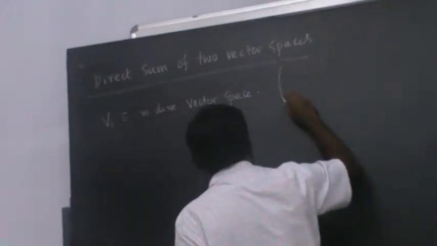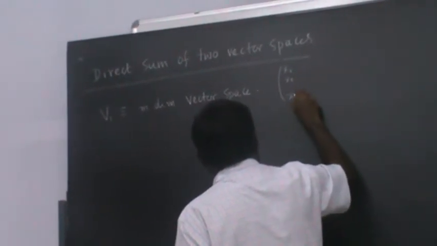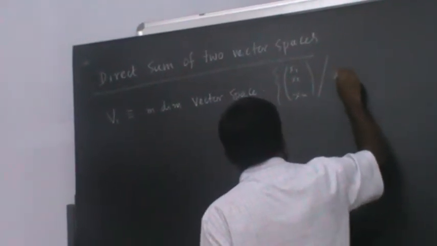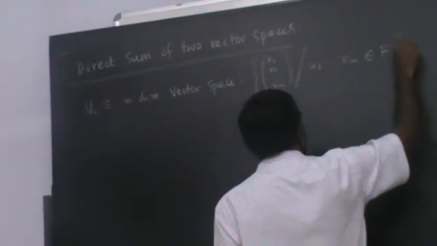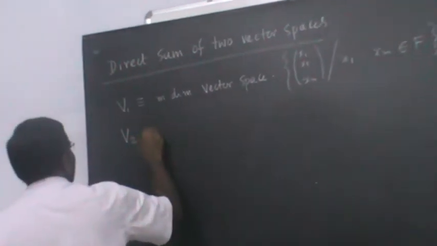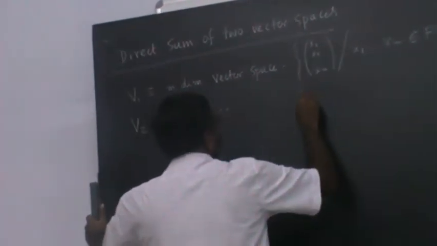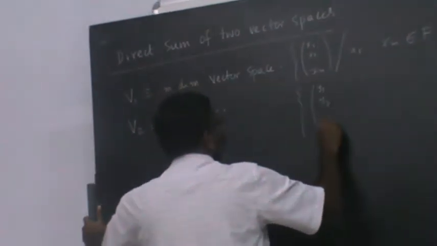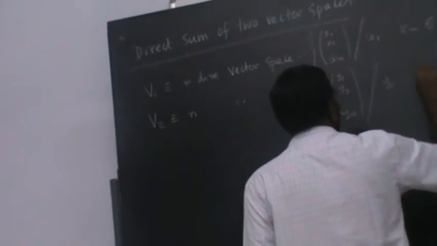It means I have got elements x1, x2, etc., xm, such that x1 to xm are in F. Now let us consider V2, which is an n-dimensional vector space. That means I have y1, y2, etc., yn, such that y1 to yn are also in F.